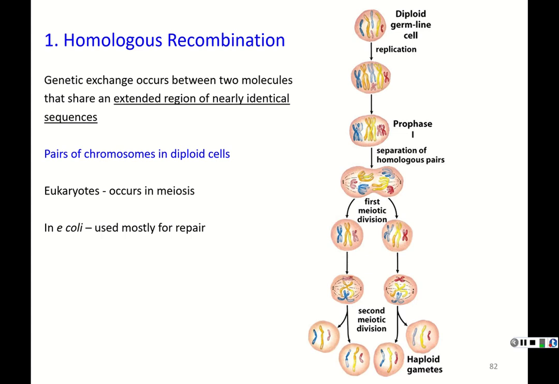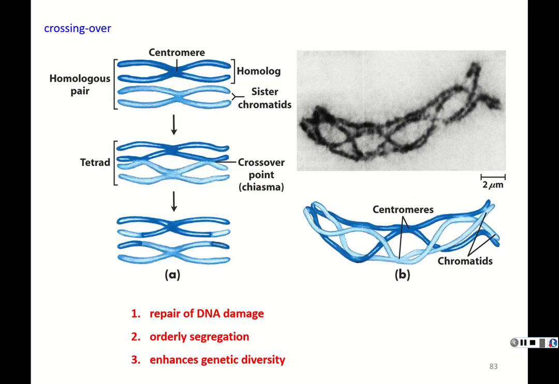In E. coli, this process is used primarily for repair. So if we look at our two chromosomes, a homologous pair of chromosomes, they share very large portions that are almost identical in sequence. So you can think of it as they can connect together and then switch which part is where.